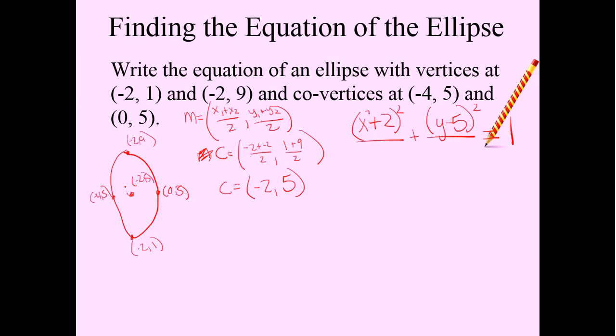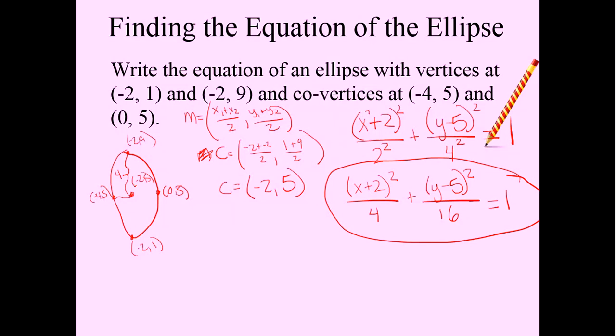So I know the a distance is 4, because 5 to 9 makes 4. So underneath my y value, I'm going to have 4 squared. My x value then has got to be my b. Well, that's a distance of 2, so it's going to be 2 squared. So my actual ellipse has an equation of x plus 2 squared over 4 plus y minus 5 squared over 16 is equal to 1.